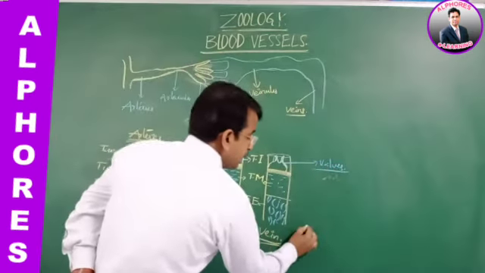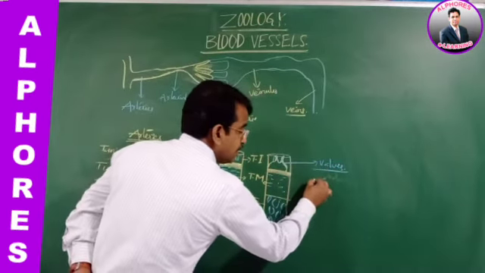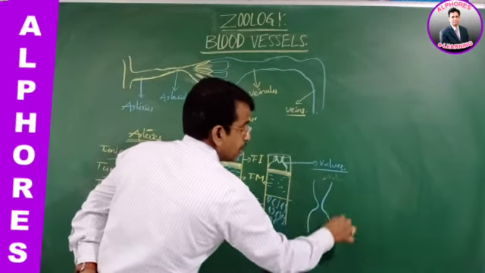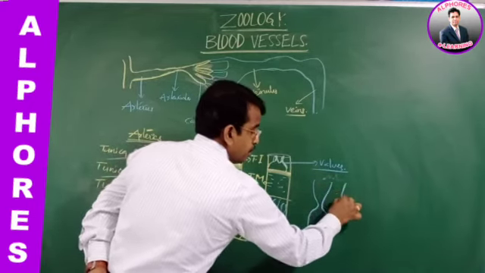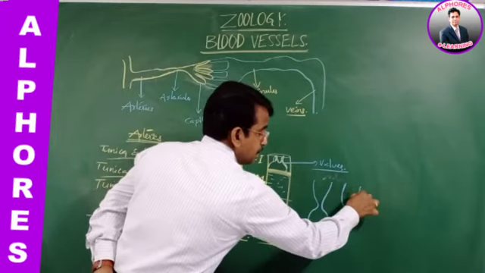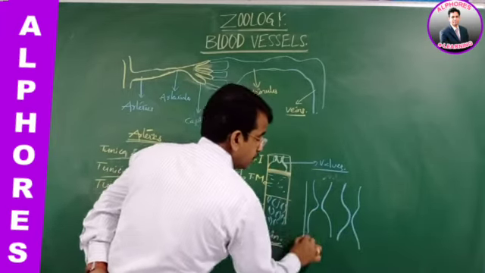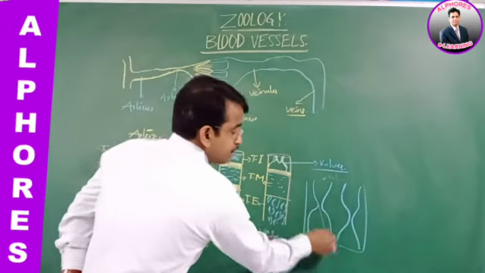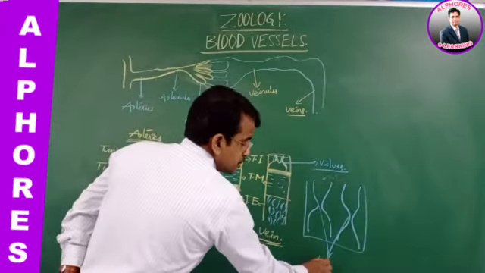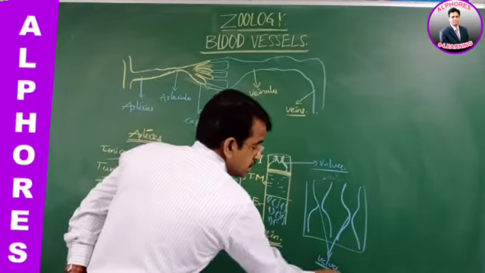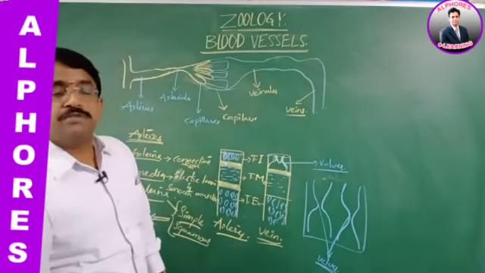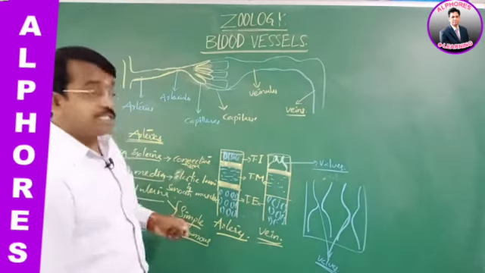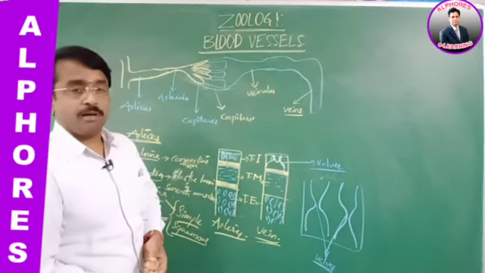Diagrammatically you can see that in the veins you find the valves. Veins are valvular, but arteries are not valvular.